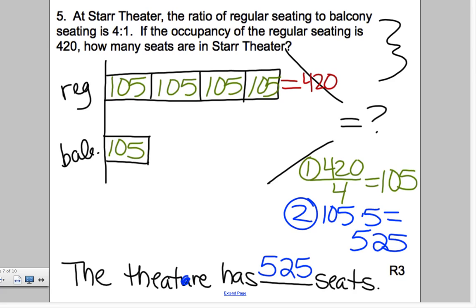Now, I don't know if you guys remember day 1 and day 2 from yesterday, but on day 1 they gave us the whole total, and then we had to figure out either the regular or the balcony. Day 2 gave us one of the ones that we had here. But in day 3, they gave you one of them, and they want the total.